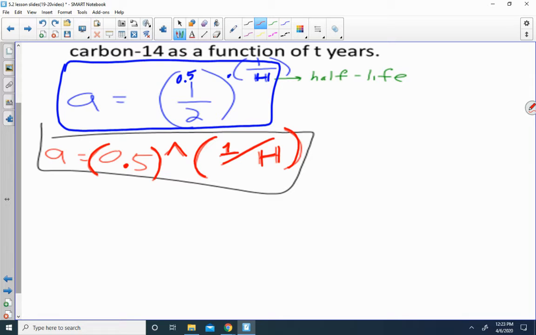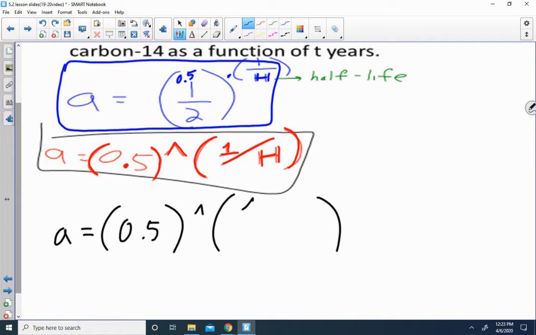I strongly recommend you use parentheses because if you don't, your calculator will compute it wrong, since your calculator does not assume the order of operations. It's actually kind of irritating. But anyway, for this case, we're going to do parentheses 0.5 to the power of 1 divided by our half-life.